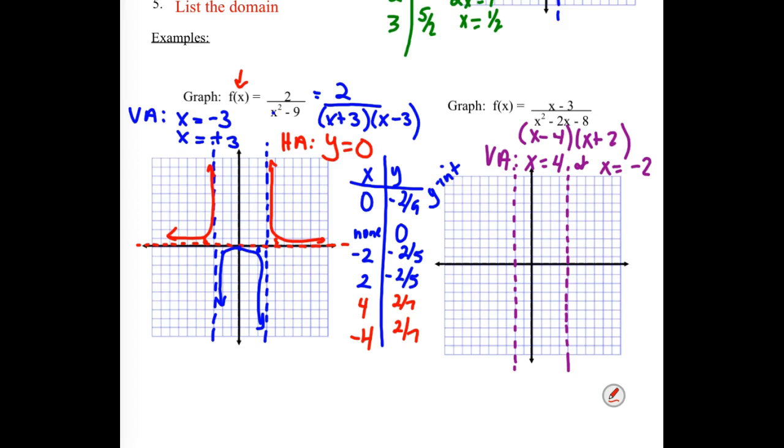Horizontal asymptote. Top degree is smaller than the bottom degree, which means we have one at 0. Okay. X and Y intercepts.